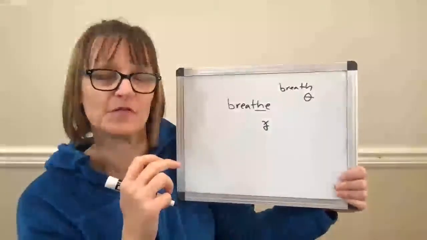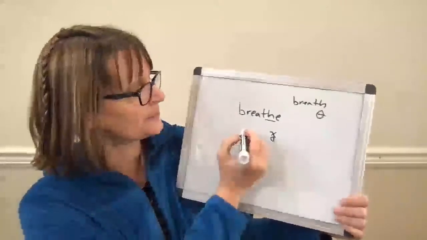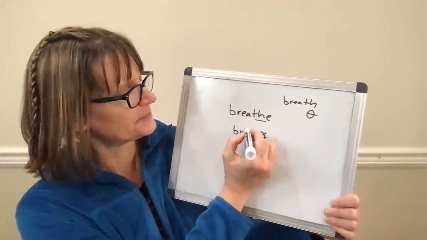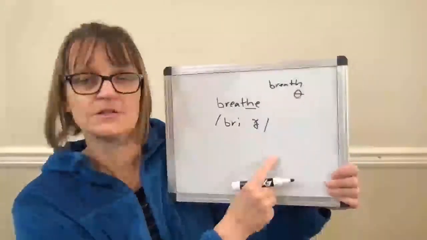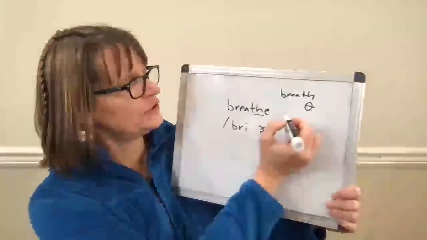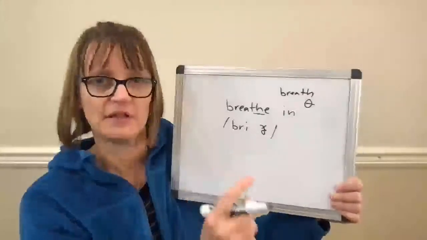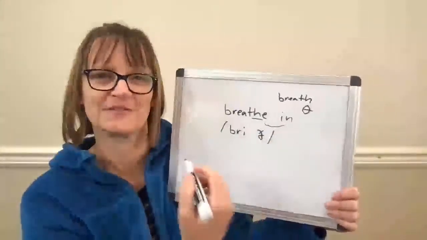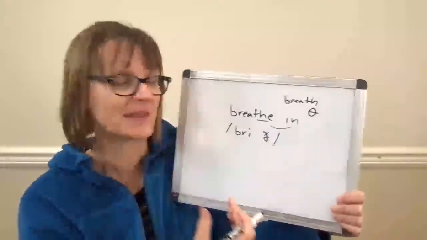So I just need to leave my voice on, breathe. And you might find it a little hard to do that at the end of the word. So if that's true for you, you could try saying breathe in, and just leave your voice on as you connect those two words, because the vowel sound is voiced. It might make it easier.